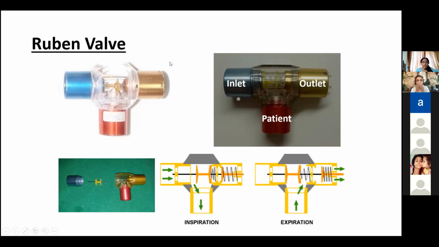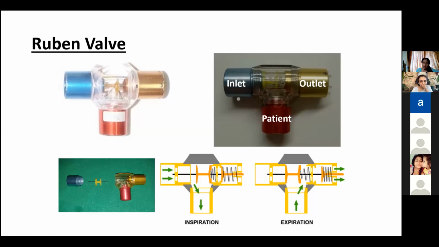Then there's something called forward leak and backward leak. Now I'll tell you what is forward leak. Whenever you are ventilating a patient using a non-rebreathing valve, if your tidal volume leaks out from the expiratory limb, that means partly it goes to the patient and partly out, it is called forward leak. So forward leak will happen if this flap does not close the expiratory port completely during inspiration.